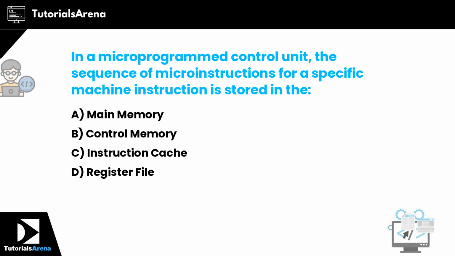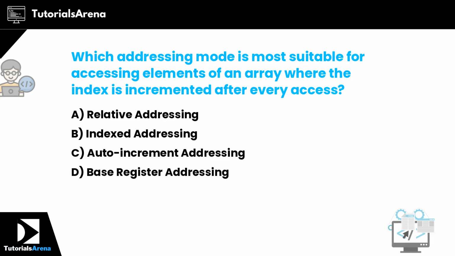In a microprogrammed control unit, the sequence of microinstructions for a specific machine instruction is stored in the. The correct answer is option B, control memory. Which addressing mode is most suitable for accessing elements of an array where the index is incremented after every access?